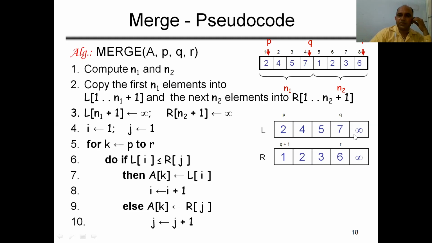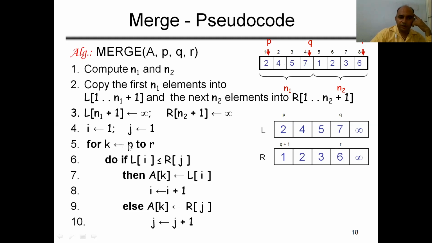In the same way we put infinity as the last element of R. Then we take two indices, i and j, both initialized to 1, and apply the logic of merging two sorted arrays, because we have to put the answer into the A array.